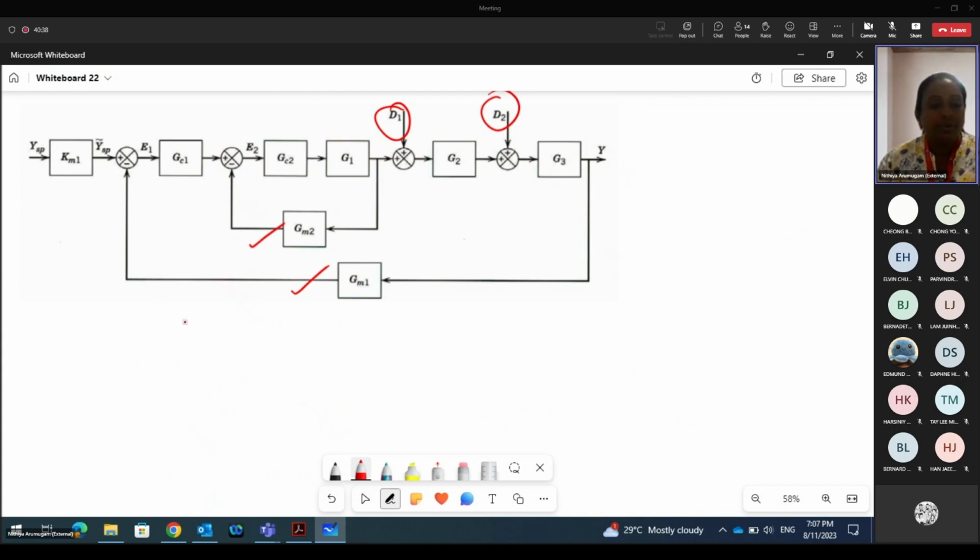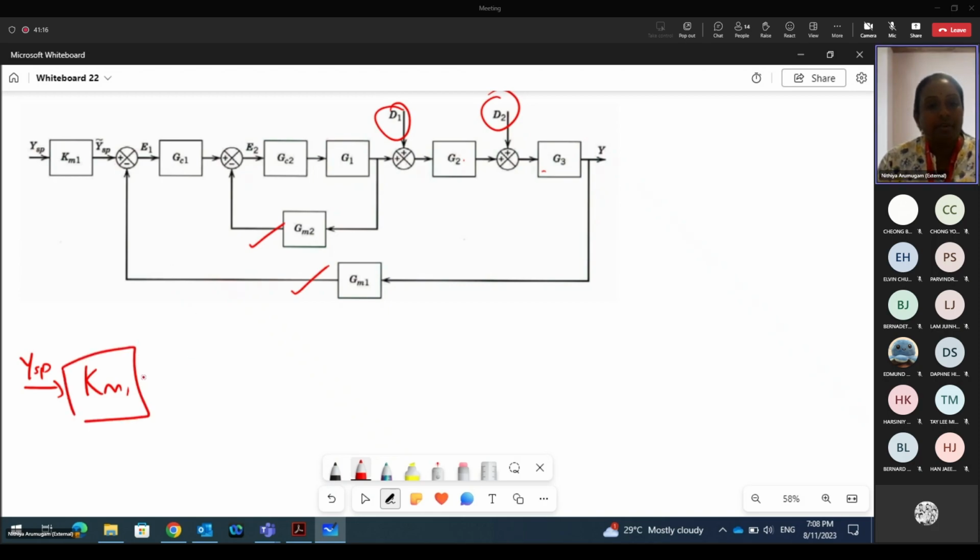Okay, so what we're going to do now, if you notice here, we have GC1, G1, GC2, G2, G3. Okay, so this will be my Y. SP, KM1. We start from here.